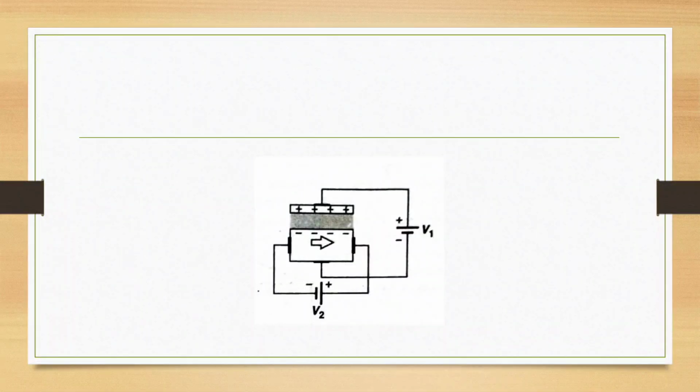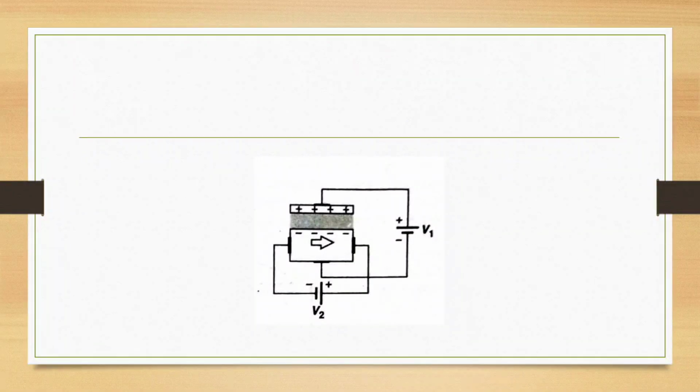Now we are going to connect one more supply to that P-type substrate. At the sides of the P-type substrate, we have connected two metal contacts, and through them we connect one supply voltage V2. The negative of V2 is connected to the left side, and the positive of V2 is connected to the right side.